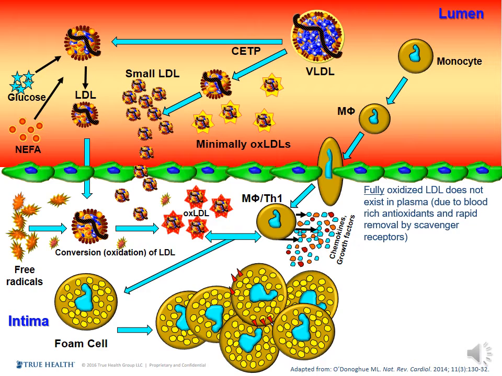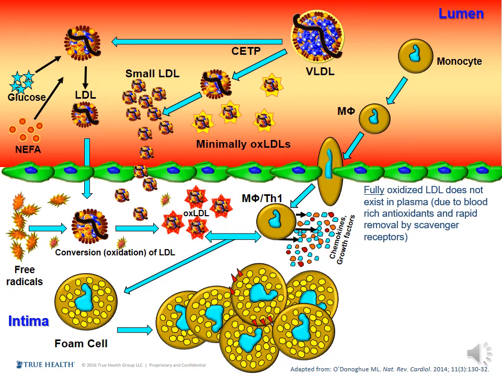And of course, the LDL enters the arterial wall, it's subject to free radicals, and it's converted to fully oxidized LDL, which is then internalized by the monocytes turned macrophages, creating the foam cells. And these foam cells secrete a lot of chemokines and growth factors, etc.